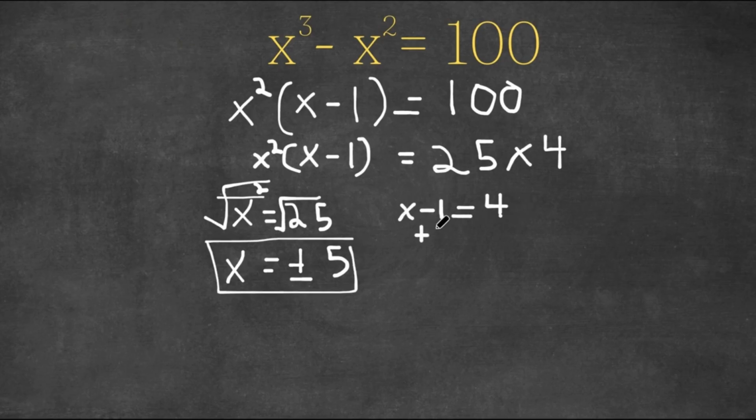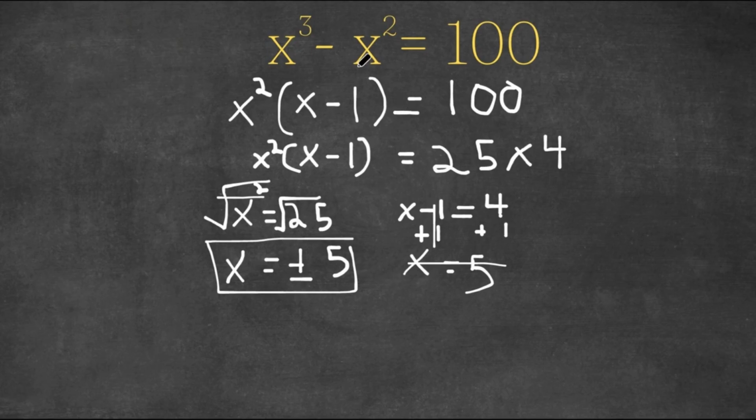Well, we would add 1 on both sides, and if we do that, these two cancel out, x equals 4 plus 1, which is 5. However, as you can see, 5 is already one of our solutions, so this is just unnecessary. We already have this as a solution. So we have x equals 5 and negative 5.